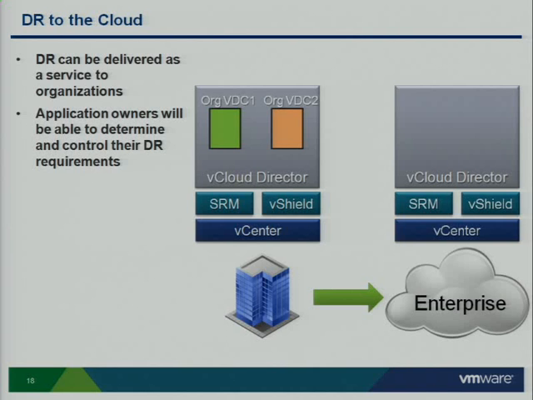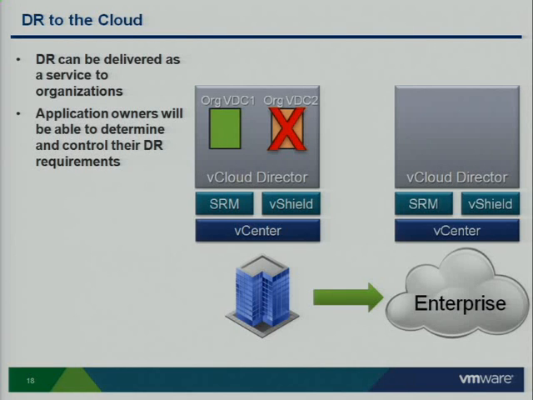In this case I define green, and I don't know what color shows up on your side, and orange. You say the green one will not be DR protected, the orange one will. So depending on where they provision the application, the vSphere facilities would automatically set up the DR for you.